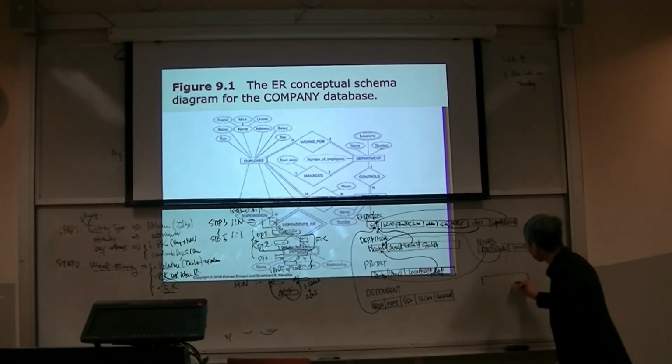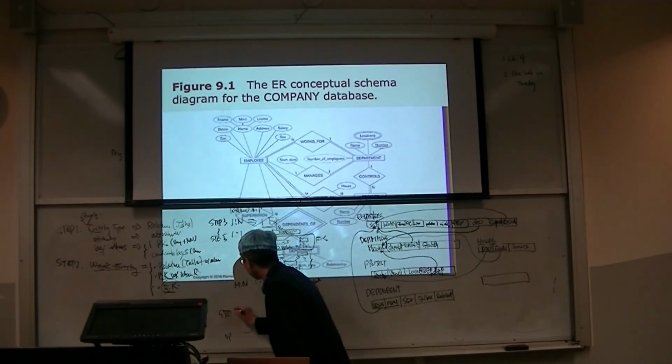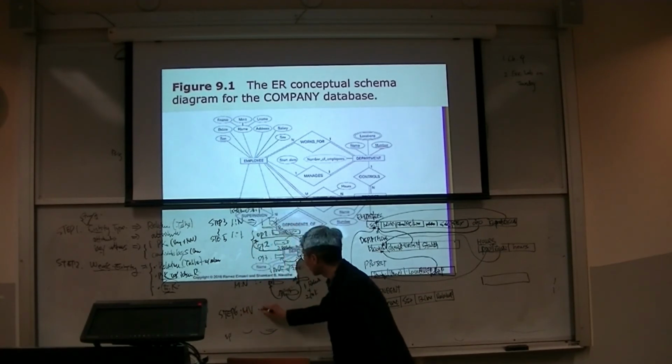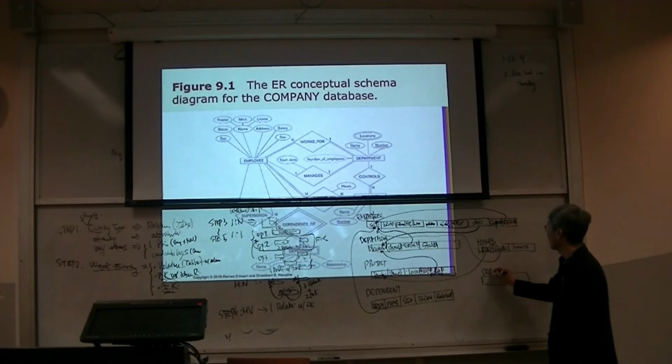Instead, we need to create this. So step 6: for a multi-valued attribute, create one relation. With what? A foreign key. For example, DEPT_LOCATION.